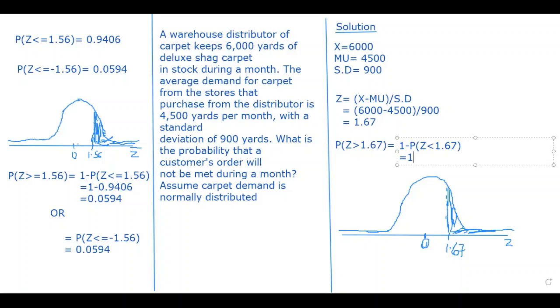So 1 minus, we know that 1.67 you can expand it to be 1.60 plus 0.07. Do you get it? So we look for 1.6 and 0.07. So let's move straight to the table.